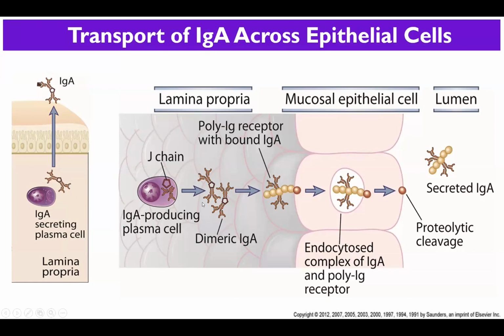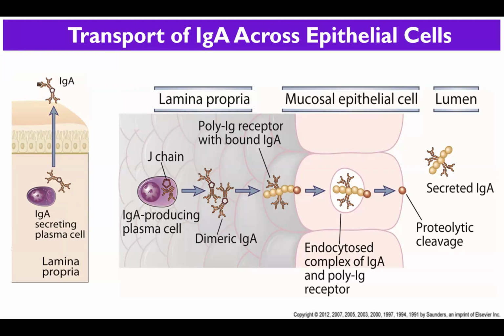That dimer is what is recognized by a very important chaperone or carrier molecule called poly-Ig receptor, which then binds to the dimeric IgA.